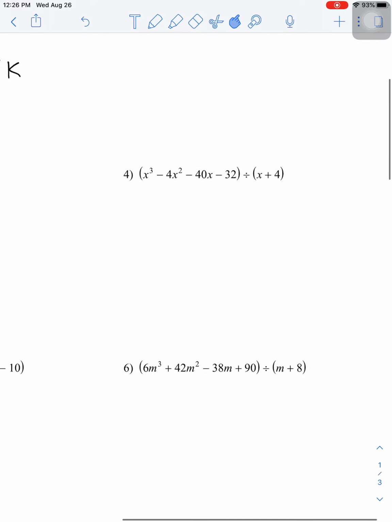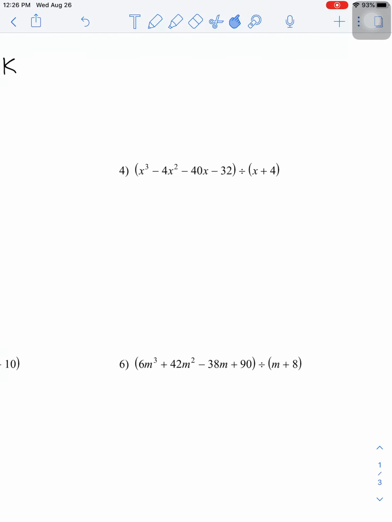Now, when you get into a problem like number 4, one of the things you should be looking for throughout the polynomial is missing terms, meaning, does it go 3, 2, 1, nothing?